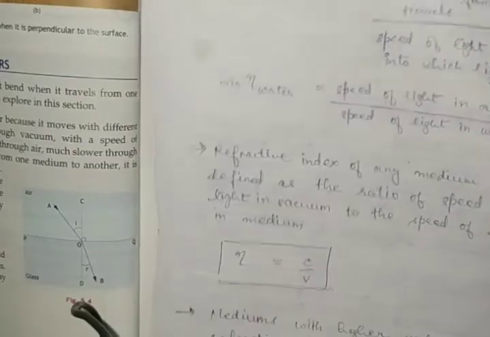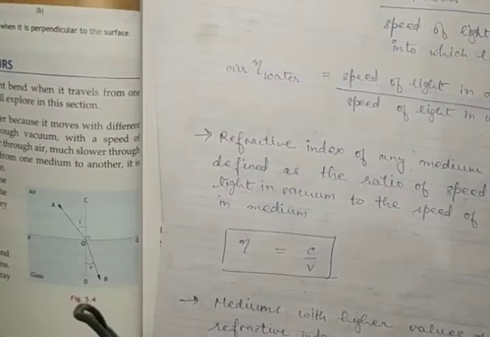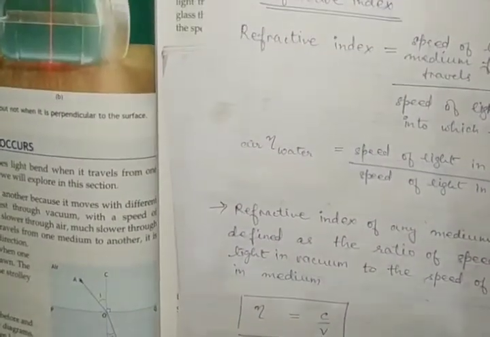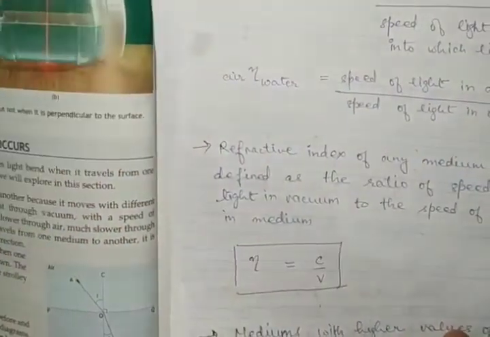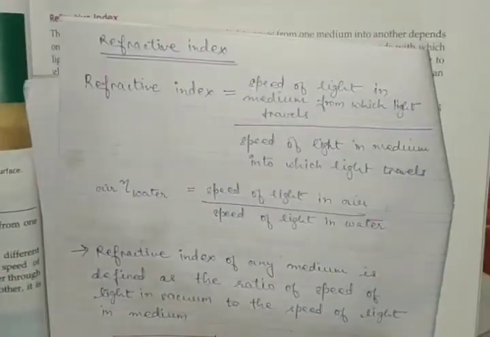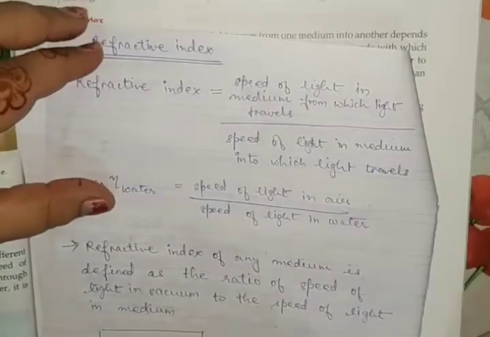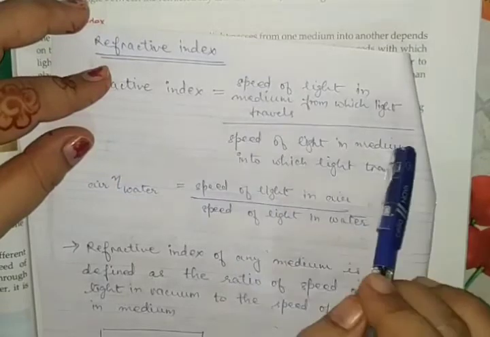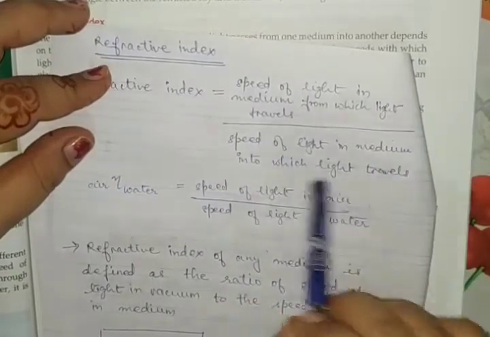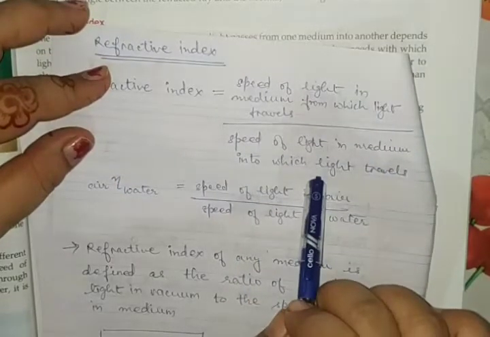Okay, so what is refractive index? It is actually the ratio of the speed of light in different mediums. Fine. So refractive index is the speed of light in the medium from which light travels upon the speed of light in the medium into which the light is going. Okay.